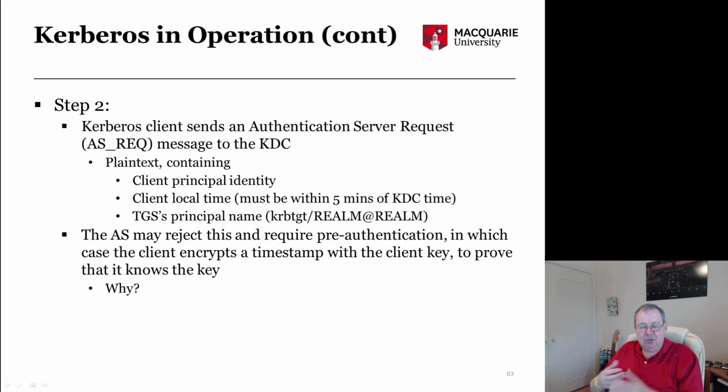So, in step 2, the Kerberos client on the user's workstation sends an authentication server request to the authentication server in the KDC. This is simply plain text. It's not encrypted. It just contains the client's principal identity, the user name, the client local time, so it's got a timestamp to avoid replay attacks, and the ticket granting server's principal name.